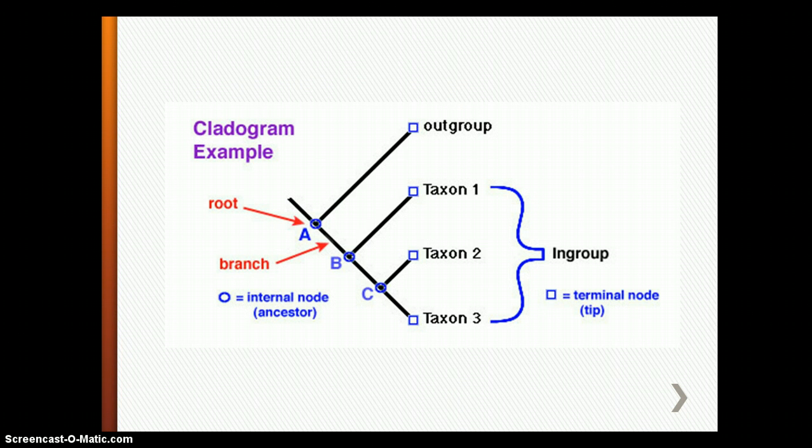So this really describes all the major parts of a cladogram. As you can see here, taxons 1, 2, and 3 are all the in-group because they must have the desired trait talked about before. And so the root would be species A, because that is where the cladogram begins.